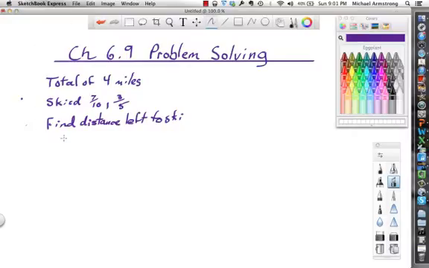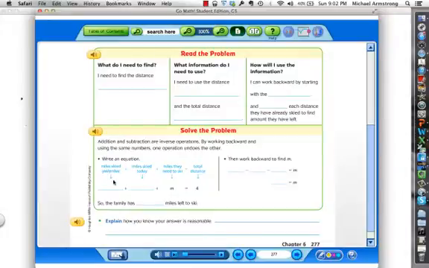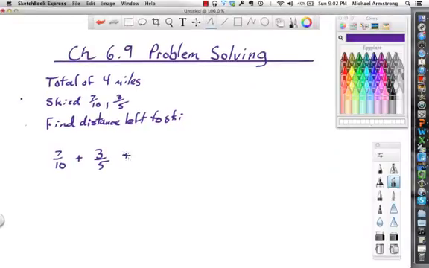So we start by adding 7/10 plus 3/5, and if you notice, that's what goes here. Miles skied yesterday is 7/10, miles skied today is plus 3/5, plus the miles we need to ski. We don't know that, so we're going to say plus M. It's like algebra. We don't know what M is, that's what we're working on, and that equals our total, which is 4 miles. Okay, this is miles yesterday, miles today, plus what's left equals 4.